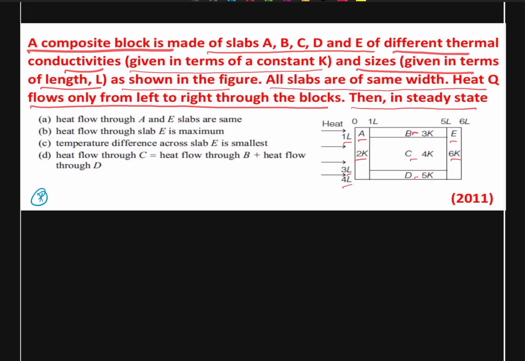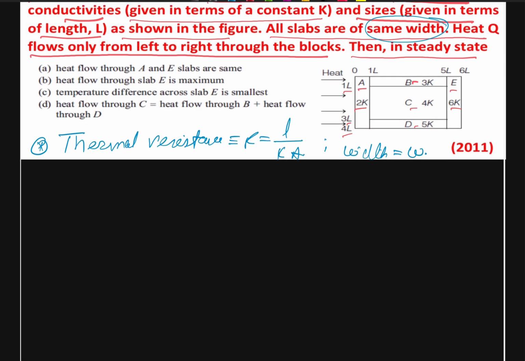We can say our thermal resistance R is given as L upon KA. They have the same width, so let us assume the width is W. So we have our 5 blocks.